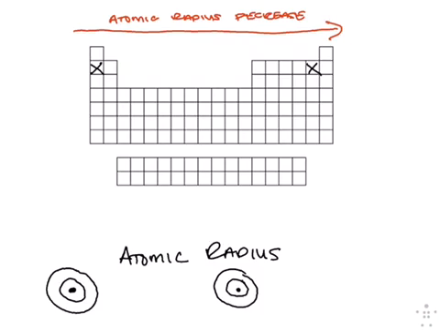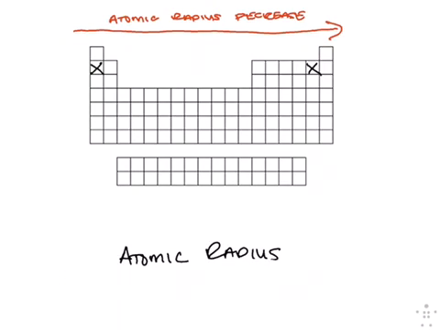The difference between the two, though, is this only has 3 protons, whereas fluorine has 9 protons. And so those 9 protons create a stronger core charge, which brings the electrons in closer to the nucleus, thus making the atom smaller. So remember that when you're comparing atomic radius, that's the main reason why.